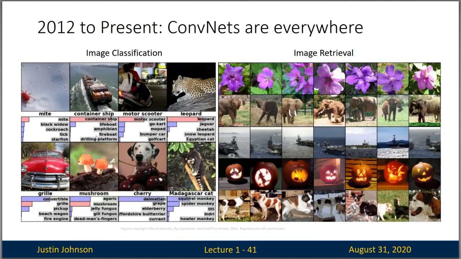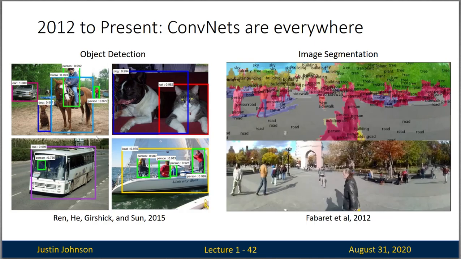So nowadays these convolutional neural networks are everywhere. They dominate in image classification, image retrieval, which means that we give an example of an image and then the computer looks for similar images, or we type a word and then the computer looks for images that describe that word.